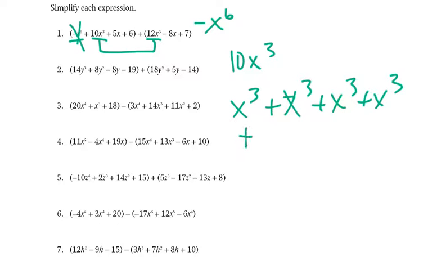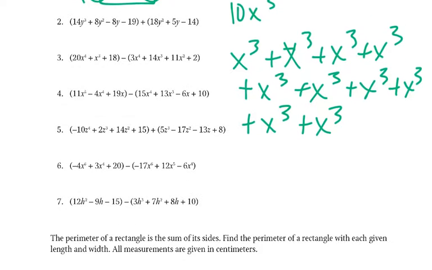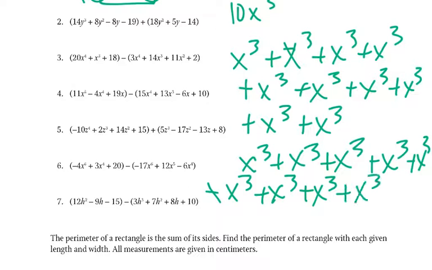I should have picked a smaller number to do, huh? Okay, so there's 10 of them. Now, 12x cubed, there'd be 12 of them. So it's really like I've got all these x cubes hanging out.